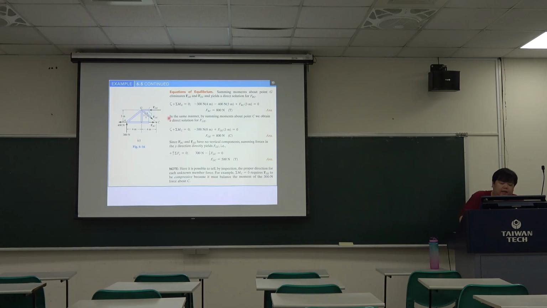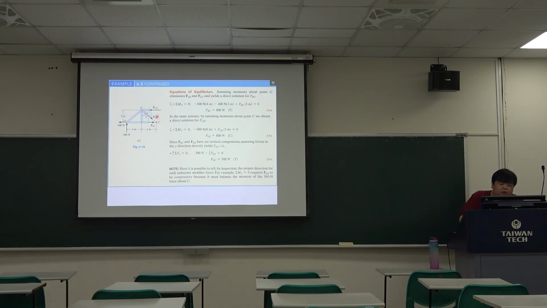And we can also set the moment point at point C. Point C is where the FGC direction and the FBC direction lines, extended, connect together. So we can set the moment point here.